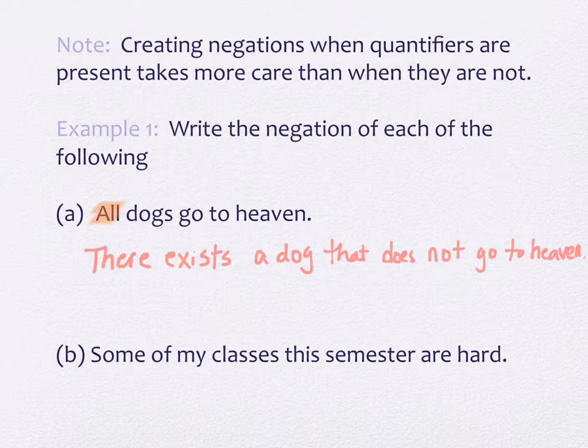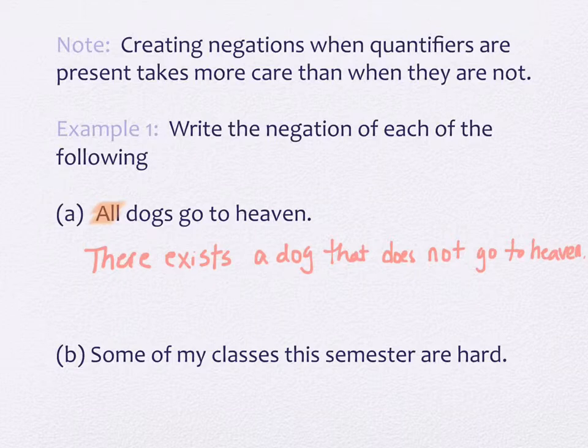It'd be a lot quicker, a lot shorter, cleaner to say something like this. Some dogs don't go to heaven. That would be a much more direct way of saying what I did. Not any less correct or more correct, just a different way of saying it, a little bit more concise. So there has to be one, there exists a dog that this statement does not apply to.